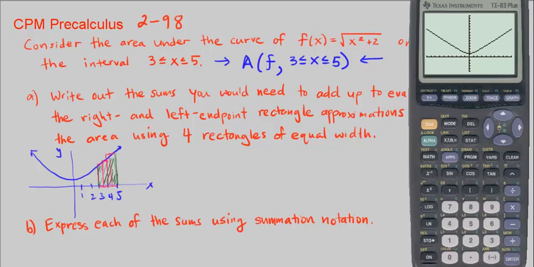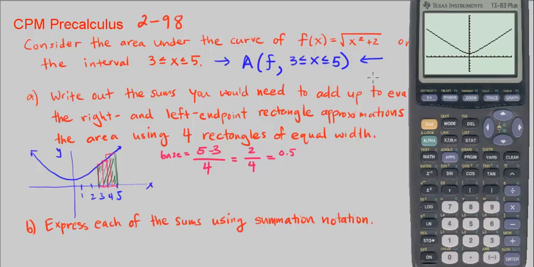I can also find the base as the distance 5 minus 3 over the number of rectangles, 4. 5 minus 3 is 2 units, divided by 4, which equals 1/2 or 0.5. So the base length of each rectangle is 0.5 units.